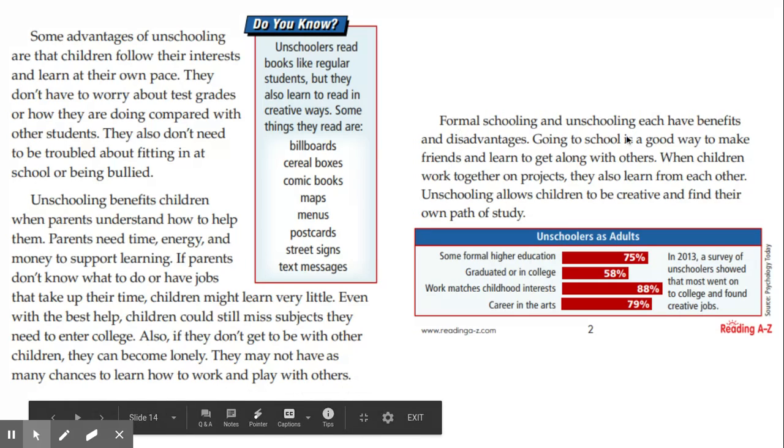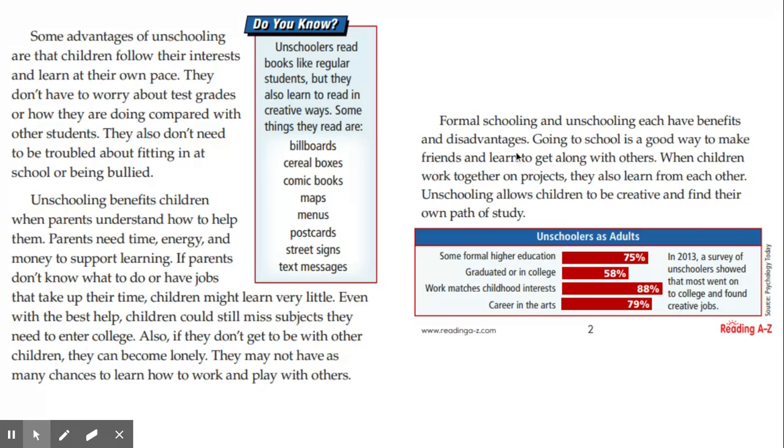Formal schooling and unschooling each have benefits and disadvantages. Going to school is a good way to make friends and learn to get along with others. When children work together on projects, they also learn from each other. Unschooling allows children to be creative and find their own path of study. You can go ahead and take a look at this graph here for a second.